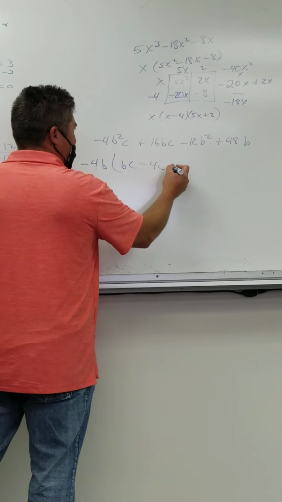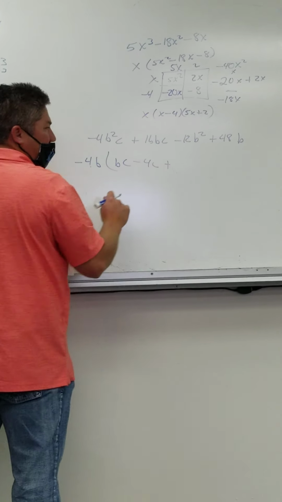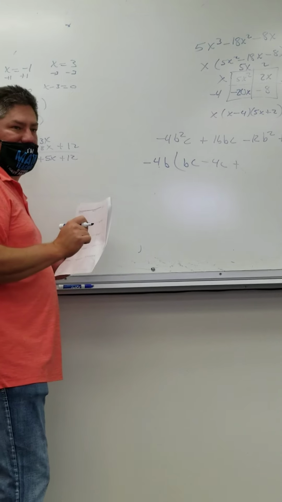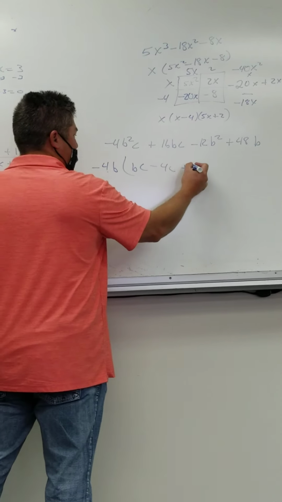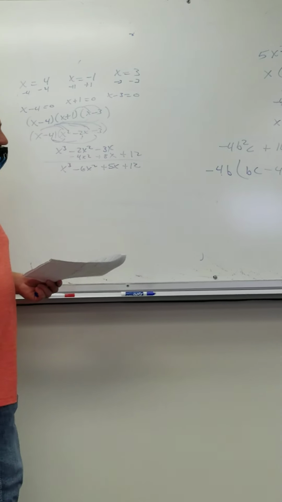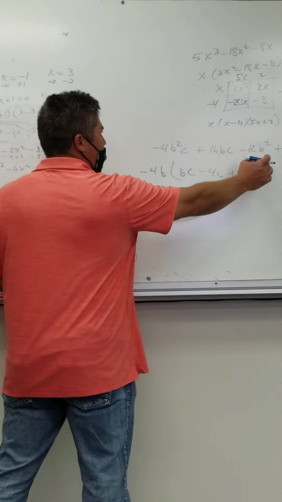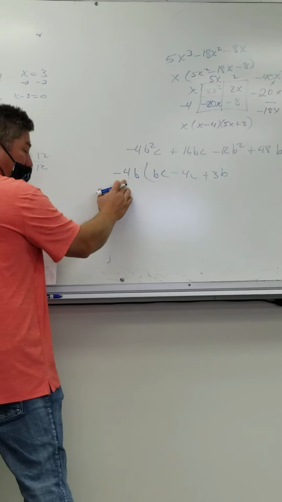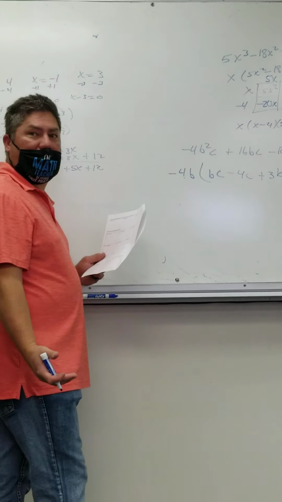Negative divided by a negative is a positive. Pay attention to the signs, that's where kids miss it. Okay, and then 12 divided by 4 is 3. 1b came out, there's still a b left. Okay, last term, Sid, what am I going to get? 48 divided by negative 4 is going to be a negative, right?